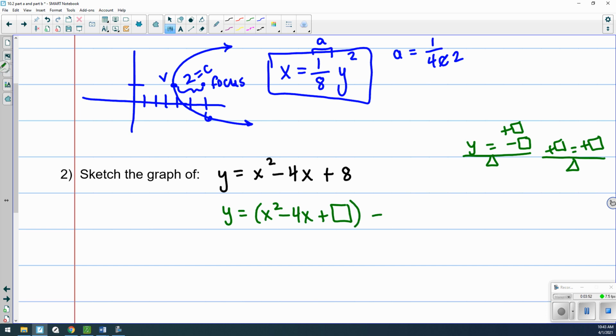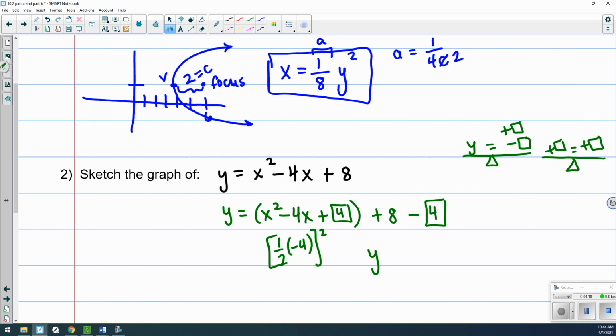And then I'm just going to push the 8 off to the side for now. Notice that I added a square here, so I'm going to subtract a square over here. Now the question is, what is that square? Well, I take half of negative 4, and then I square that. Half of negative 4 is negative 2, and negative 2 squared is 4. Add 4 and subtract 4, and I'm going to maintain the integrity of the original problem that way.